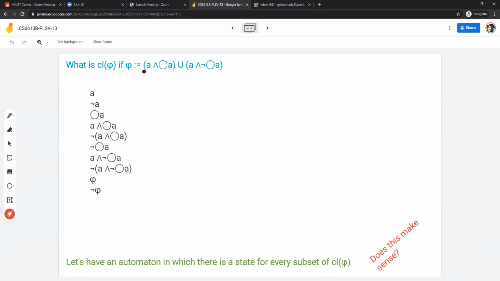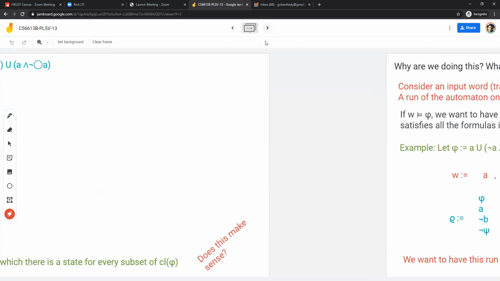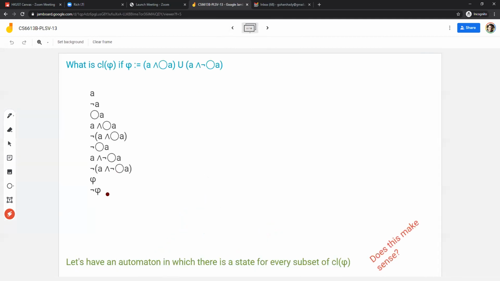Every subformula is also a substring of this formula, so you cannot have more than order n squared subformulas. So the closure of phi has at most order n squared formulas in it, and our elementary sets were subsets of the closure. So we have exponentially many elementary sets in the worst case.